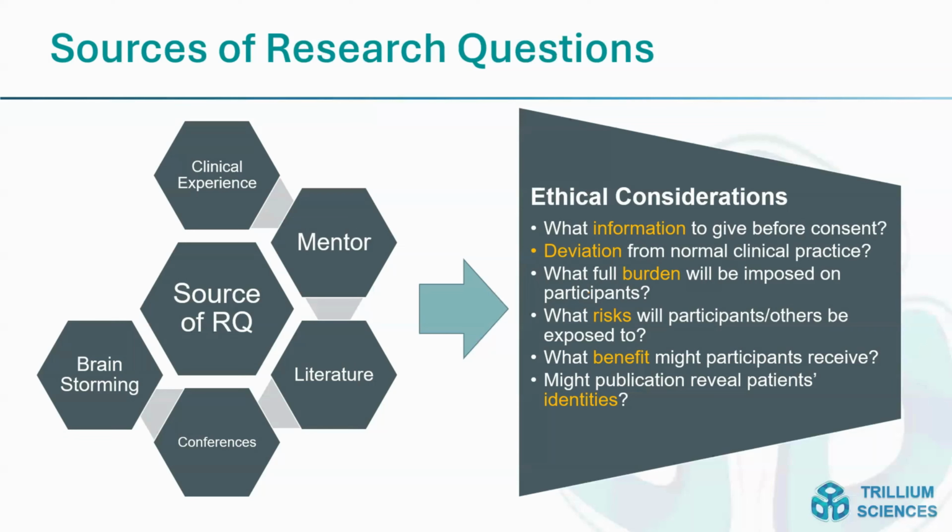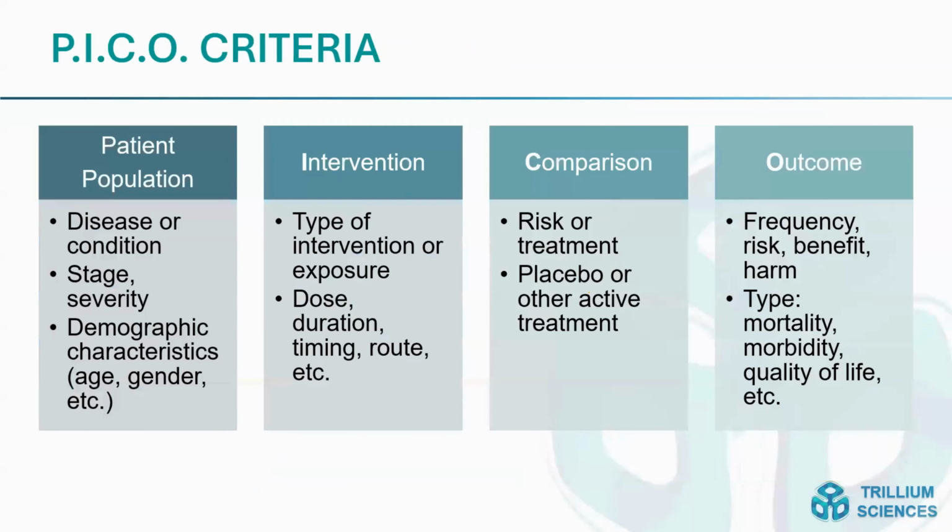You have to know what the burden is, and if there is a normal clinical practice that usually gives good results. What are the risks the participants or the patients will be exposed to? What benefit will the participants receive? And might publication reveal patients' identities or not? All these ethical considerations you have to keep in mind when formulating a research question, because it's very important not to start answering a question in an unethical way.